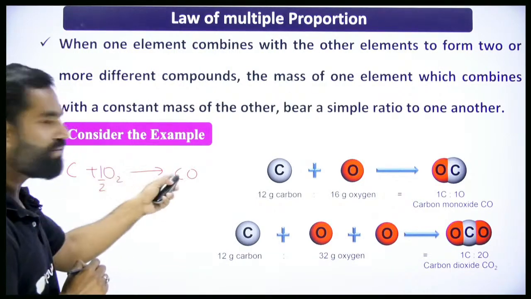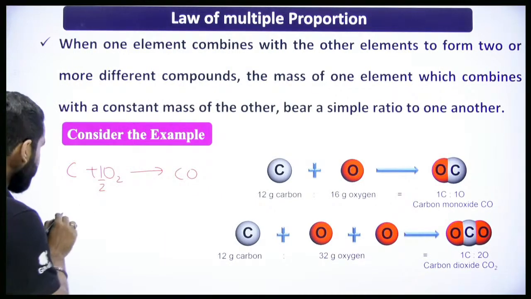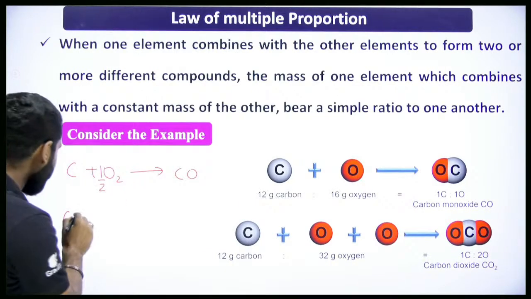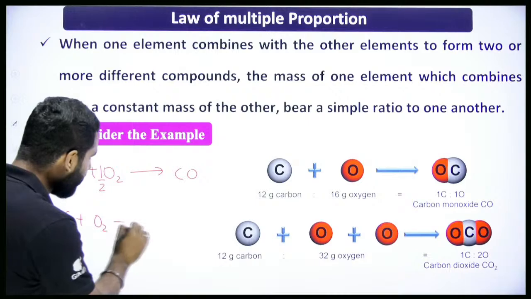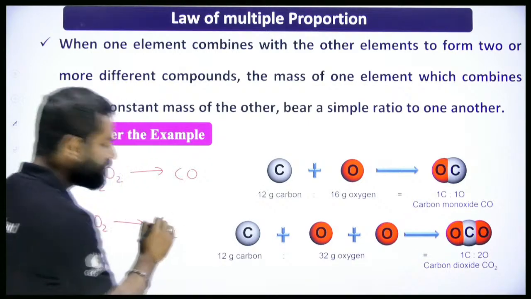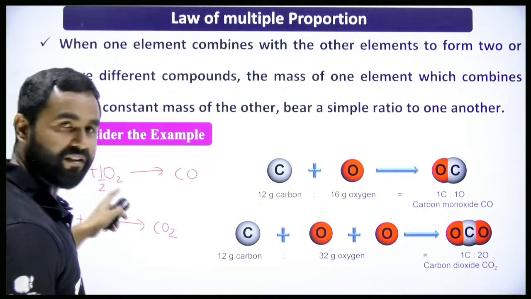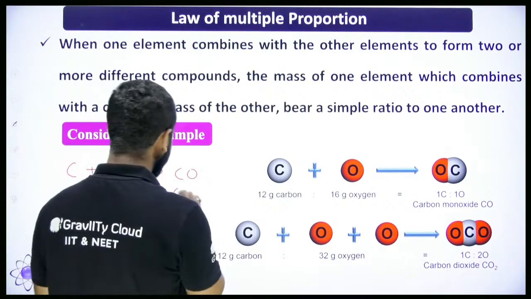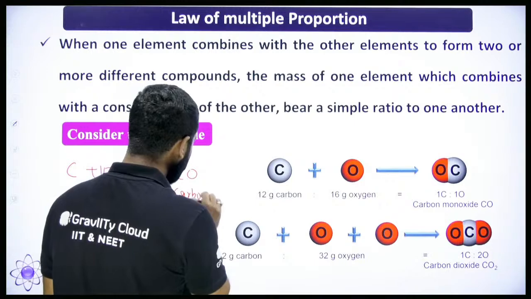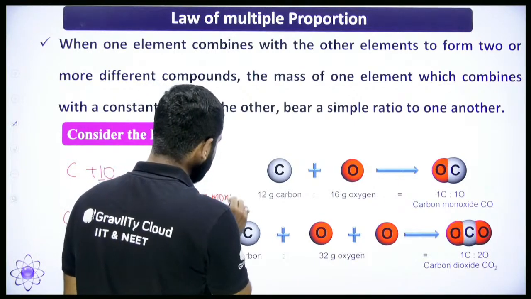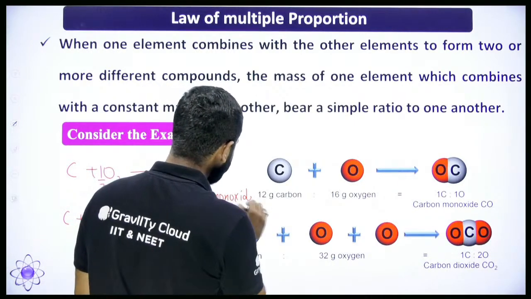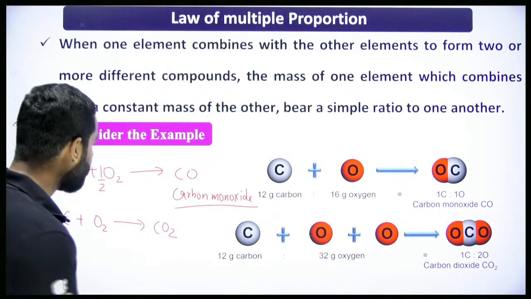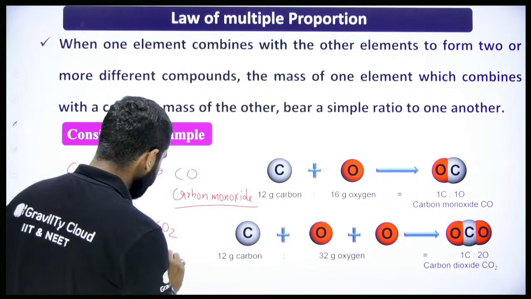C plus half O2 gives CO. Similarly, the same atoms again react, C plus O2, and they give CO2 this time. In the first case, carbon and oxygen reacted to give me carbon monoxide. In the second case, the carbon and oxygen react to give me carbon dioxide.